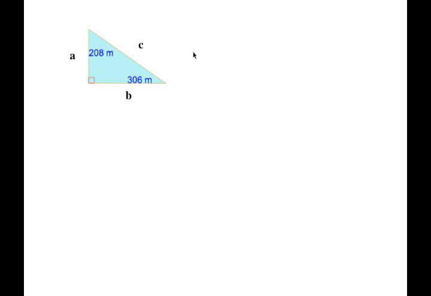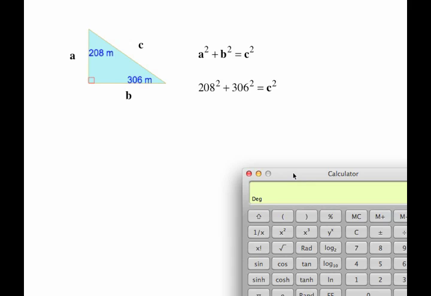We want to find C, so we're going to use Pythagoras' theorem. A squared plus B squared equals C squared. The A value is 208, so we replace the A with 208, replace the B with 306, and solve this equation for C. So we have 208 squared plus 306 squared is equal to C squared. You take your handy dandy calculator and figure out what 208 squared is.